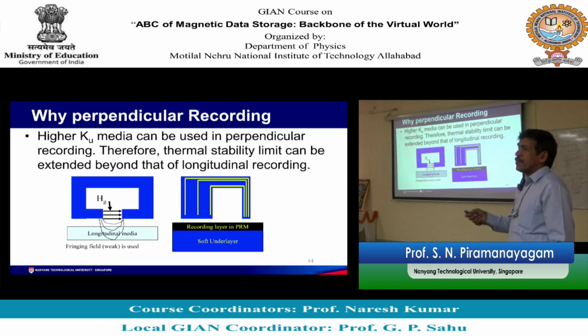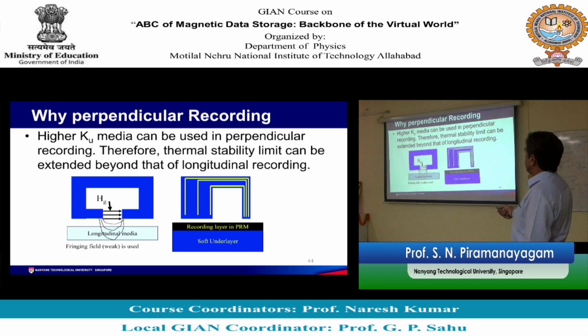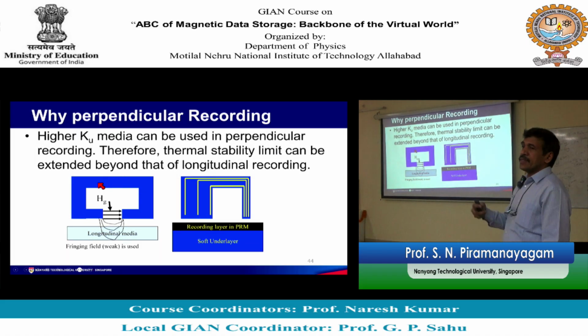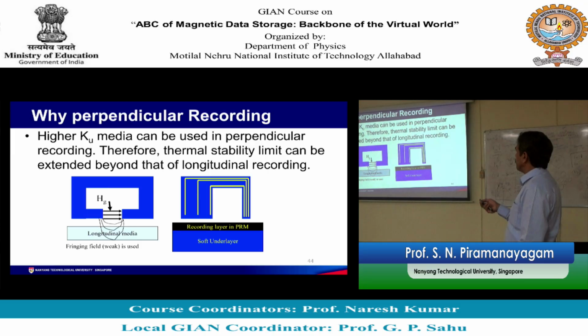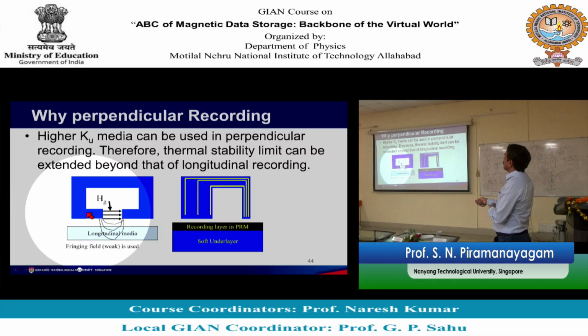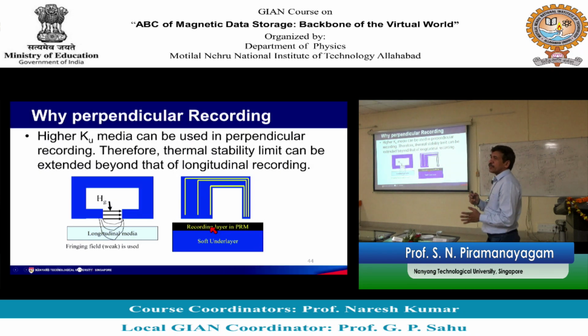You know that when you send a current through the coil, the soft magnetic material can easily reach saturation, so it will produce more magnetic field. The blue color here is soft magnetic material, and here again the blue is soft magnetic material, and we also have a soft magnetic material below the recording layer. The black one is the one that is going to store the information.